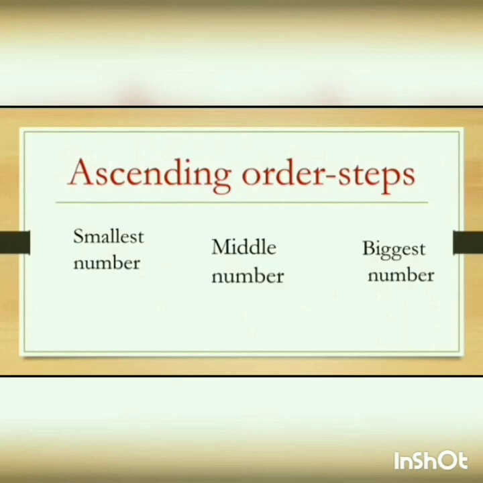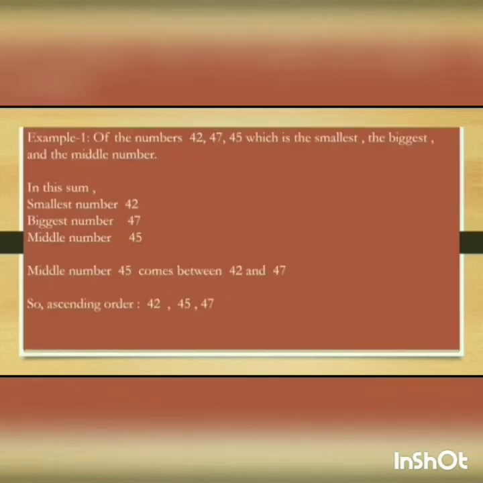Here are some steps of arranging the numbers in ascending order. First, we arrange the smallest number, then the middle number, and then the biggest number. Example 1: the numbers 42, 47, 45. Which is the smallest, the biggest and the middle number?